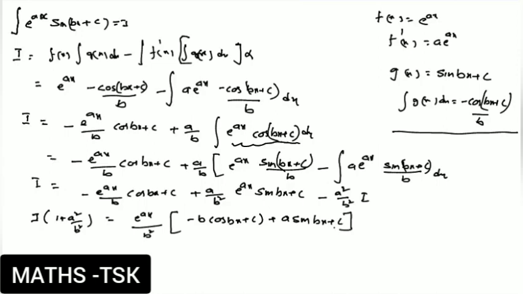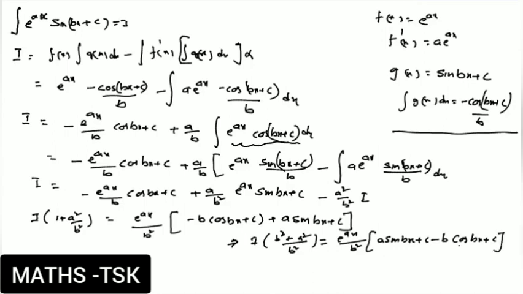So this implies I into b square plus a square by b square is nothing but e power ax by b square into a sin bx plus c minus b cos bx plus c.